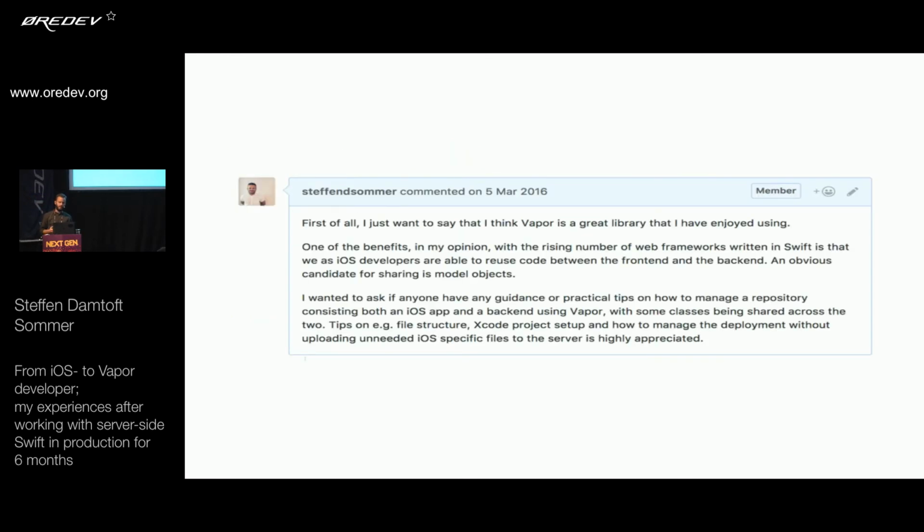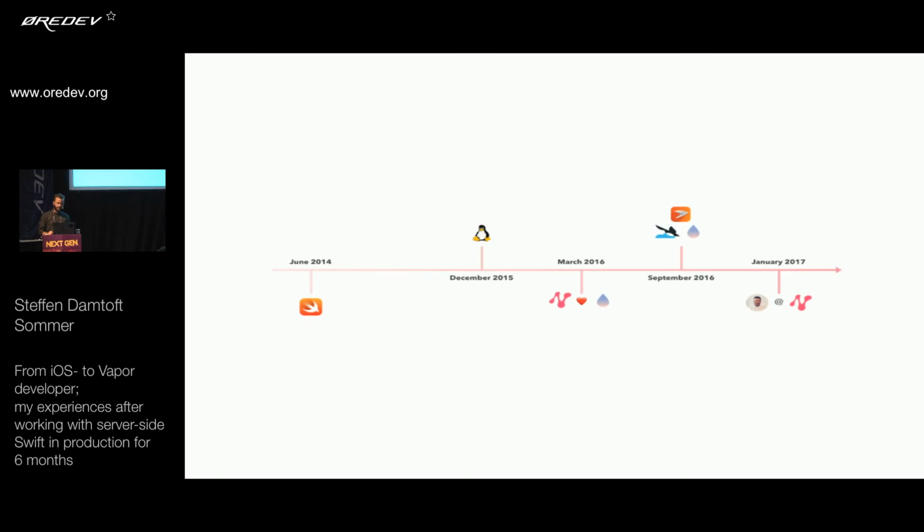So I started messing around with Vapor, and at a very early stage, I brought up this discussion on the Vapor repo, talking about how do we share code across iOS and backend, because this was one of the first things I started to care about. A couple of months later, and a bit by coincidence, I joined Nodes to help start their Vapor team and try to move all of their backend development into Vapor.